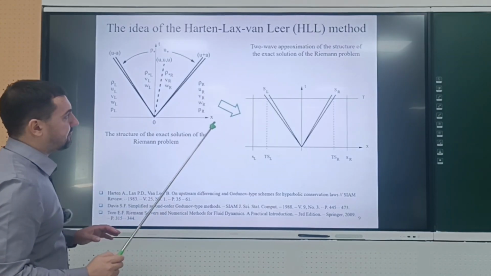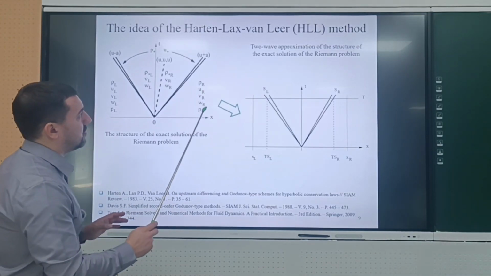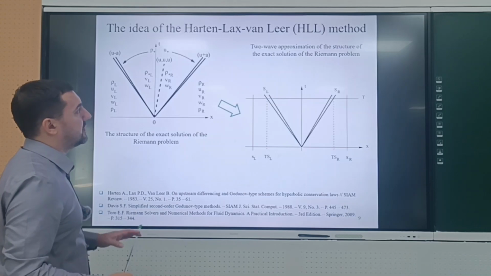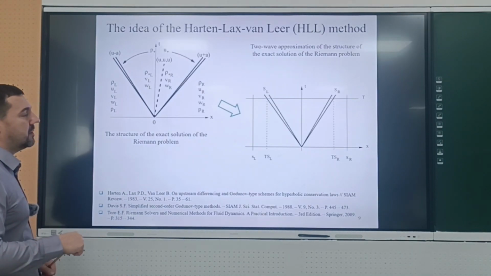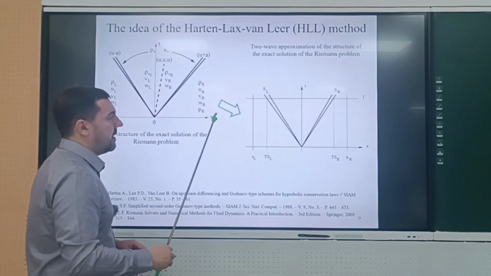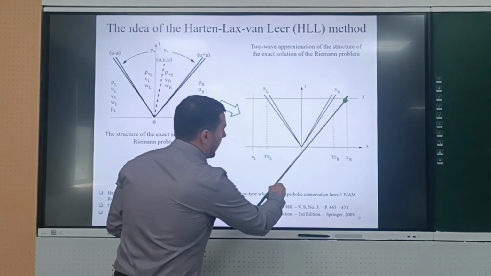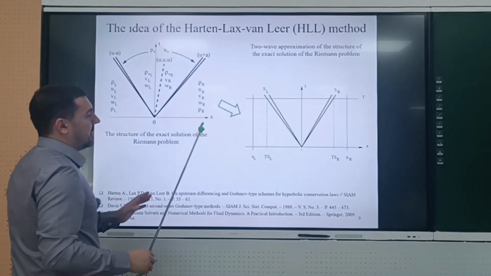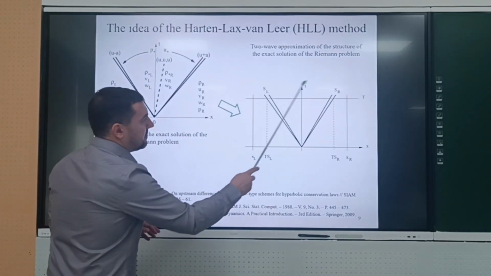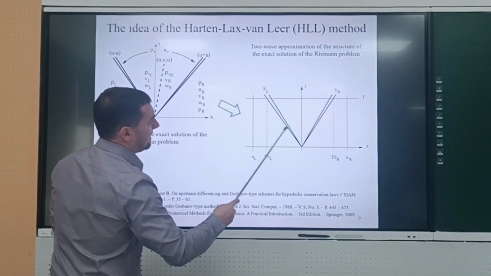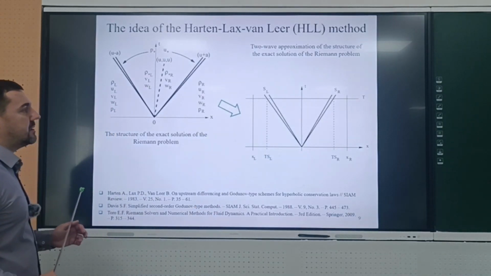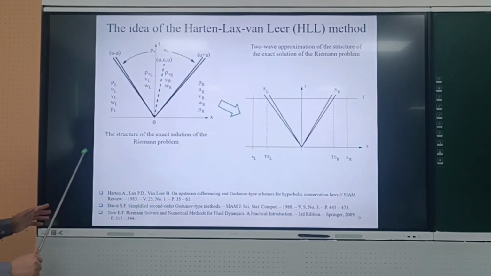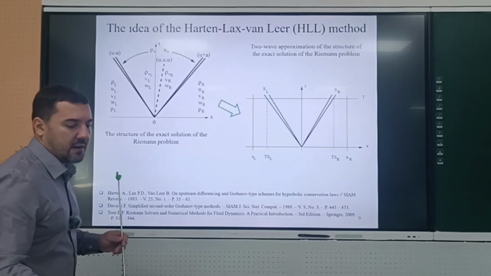So suppose we want to use a two-wave approximation of the structure of the exact solution of the Riemann problem. We know there should be some disturbance propagating to the right and to the left, and let it be. Let's estimate somehow these speeds, and estimate the state between these two characteristics, SL and SR.